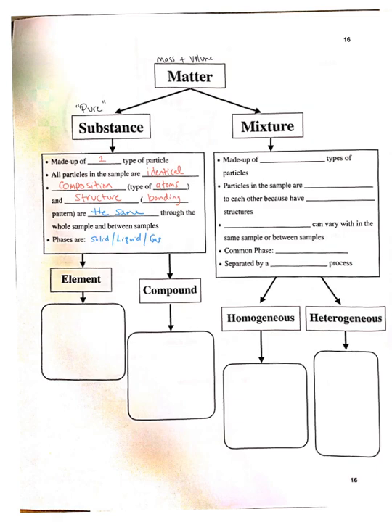Now, substances can be further classified as two more subcategories, terms that you are already familiar with, element and compound. There are differences between an element as a substance and a compound as a substance.